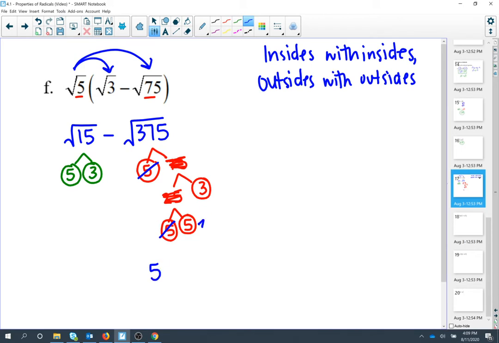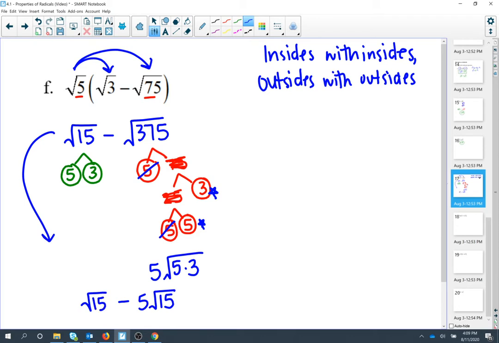Then I still have a 5 and a 3, and they don't have a partner, so they both go back inside. If they're both inside, we're going to multiply them together. So we're going to have 5 times the square root of 15. And then if we remember, there was a minus up here, so this is really minus 5 times the square root of 15. And then I'm going to bring this guy down, which is the square root of 15.